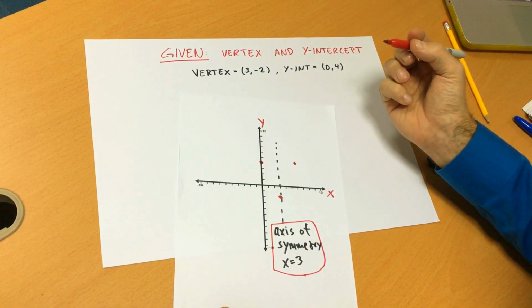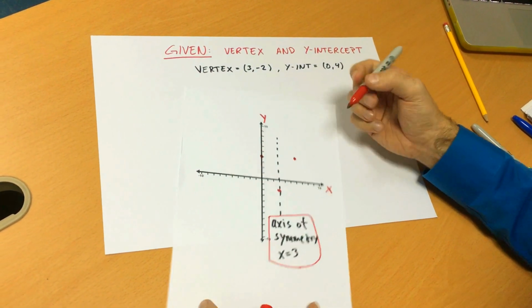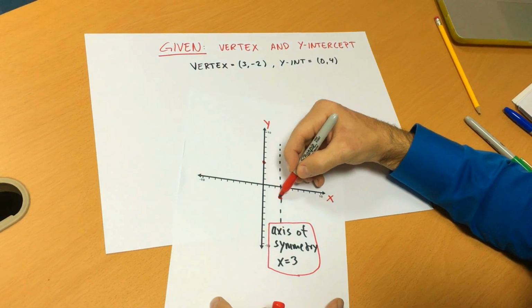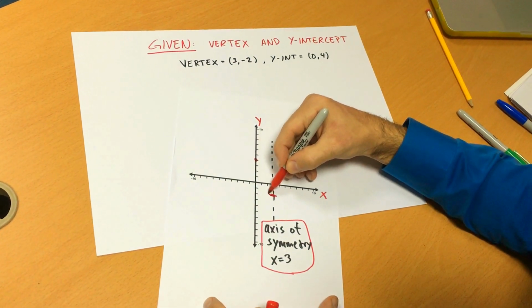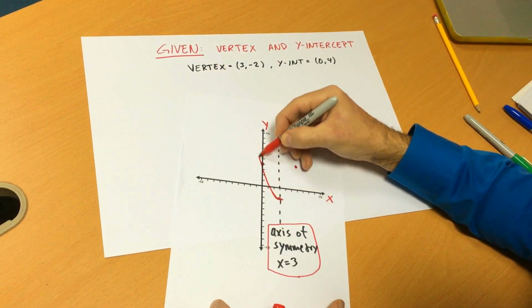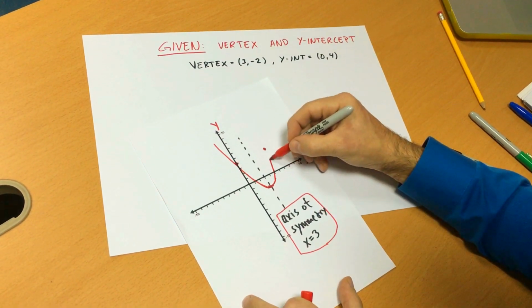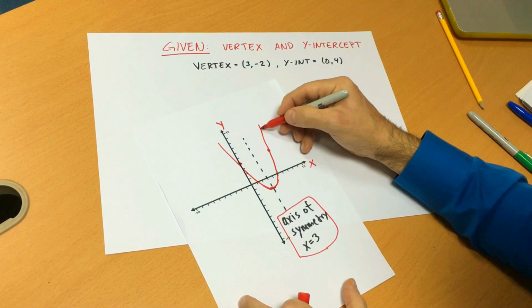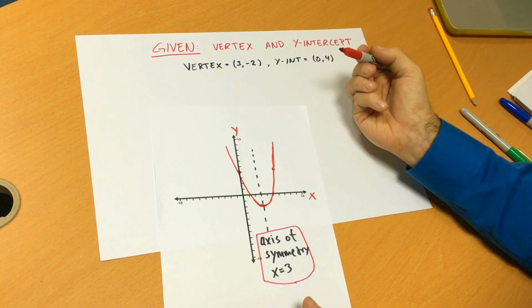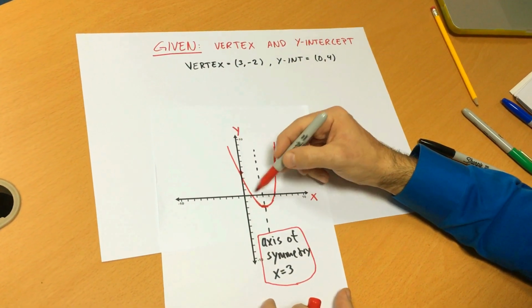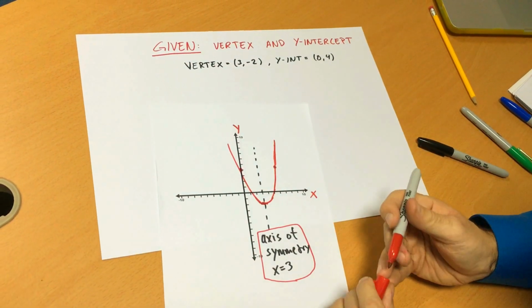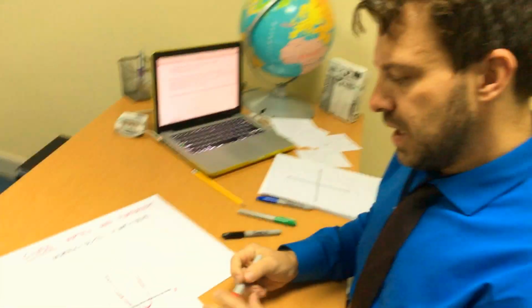Yeah? So, okay. I know it's going to be a parabola. I know that this will be a mirror symmetric type of thing. So it's going to look something like this. Because I'm sketching the graph, I don't have a square paper, I don't know exactly where the x-intercepts are, but it's going to look more or less like this.